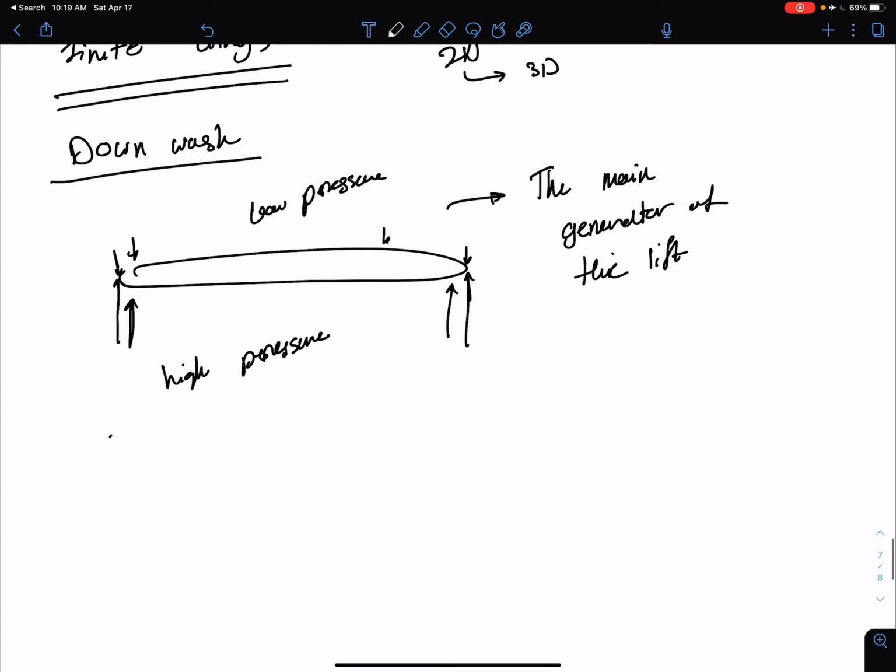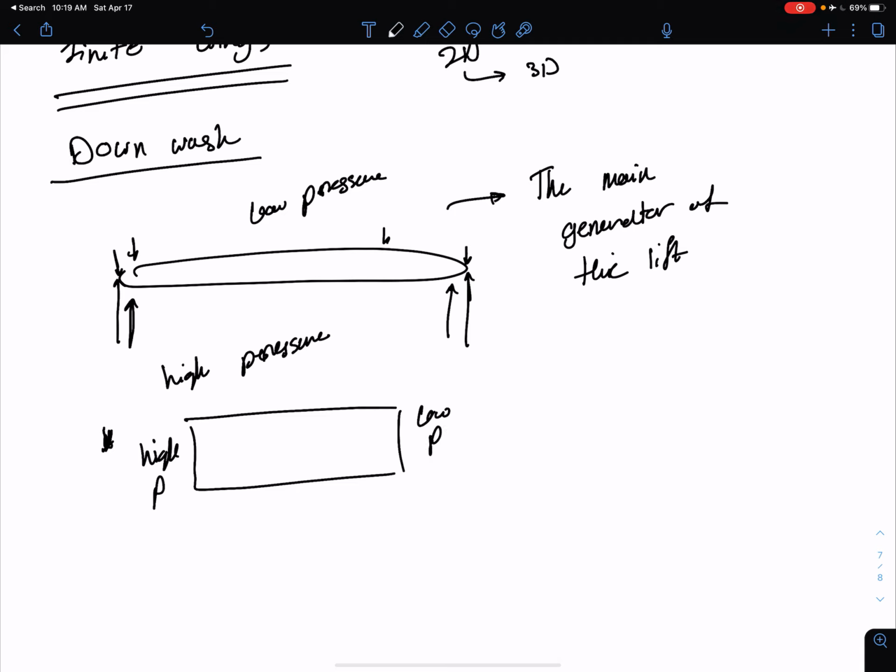What is going to happen when, let's say in a pipe, you have a high pressure region here and low pressure region here? You will get fluid flow from high pressure to low pressure. So the same thing is going to happen at the tip.